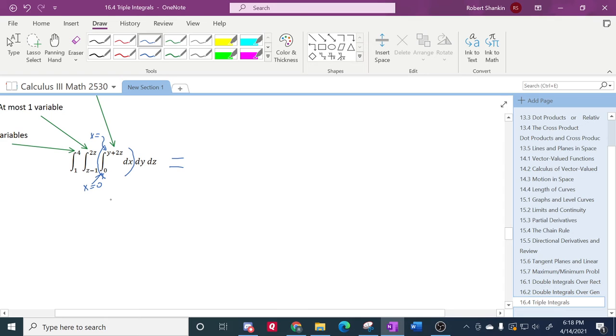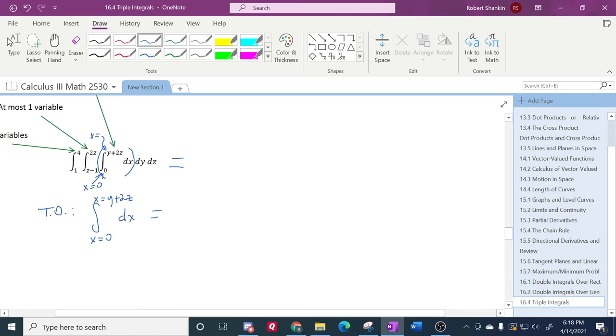Okay, now if we want to do these portions, you might take little timeouts. Let's just isolate this part. This integral from x equals 0 to x equals y plus 2z of 1 dx.